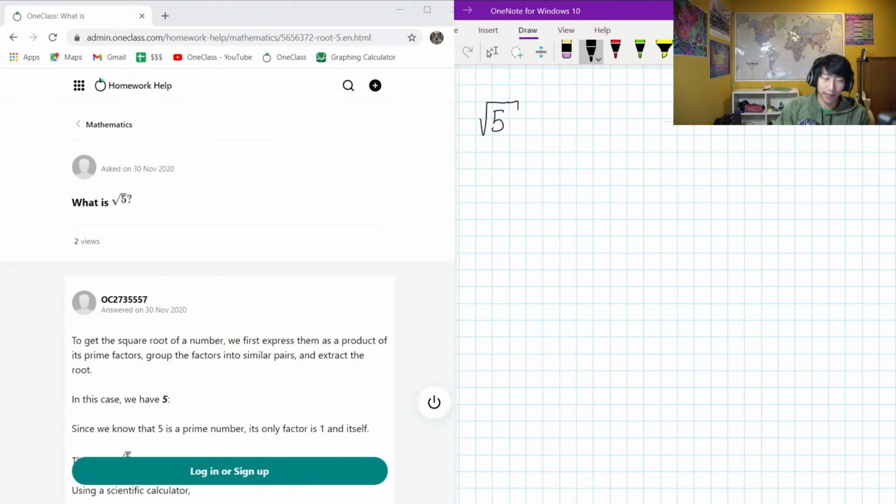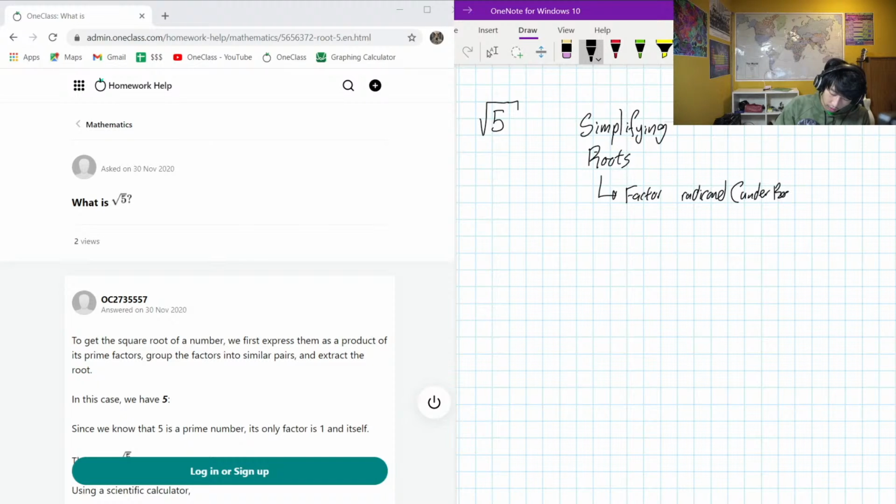So the square root of 5, typically when we're trying to simplify roots, we want to factor the radicand, which is the under-root value, as much as possible until only prime factors are left.